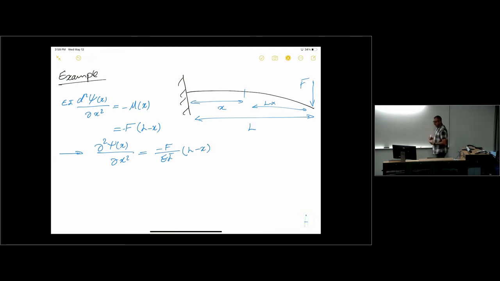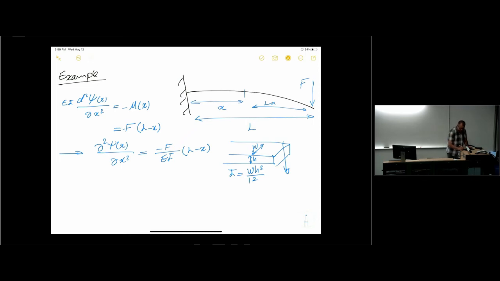Now, what is I? I is the second moment of inertia. We can go and show that for a beam of, let's say, width W and height H, I is given by this expression, WH cubed over 12. And this is a beam that is deflecting downwards, right?